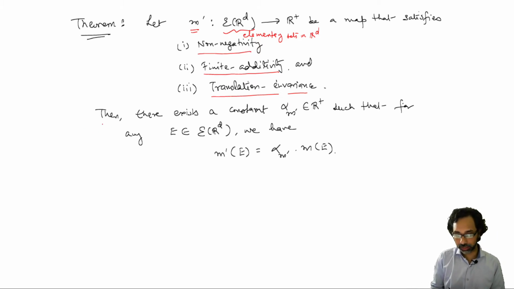Then this theorem says that there exists a constant alpha M prime, which only depends on M prime, such that for any elementary set E in Rd, we have that M prime of E is equal to alpha M prime times m(E), and this is our elementary measure on the right.